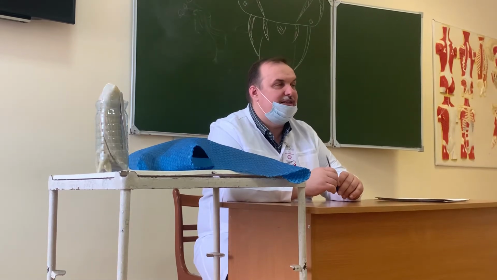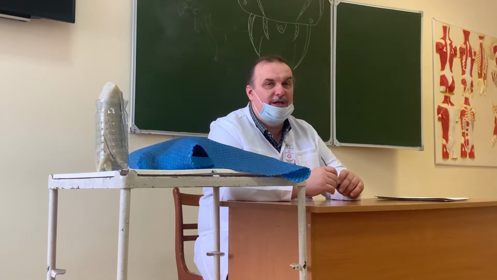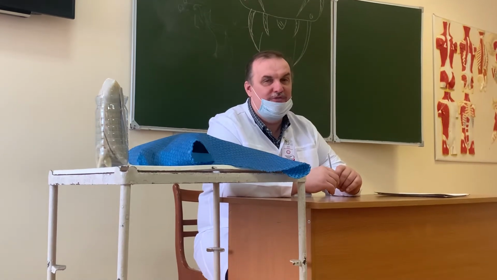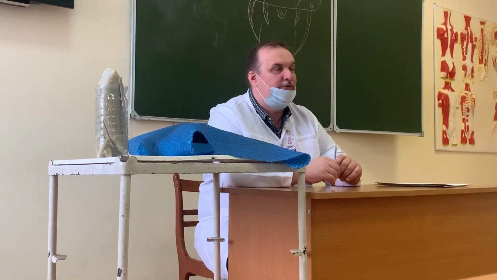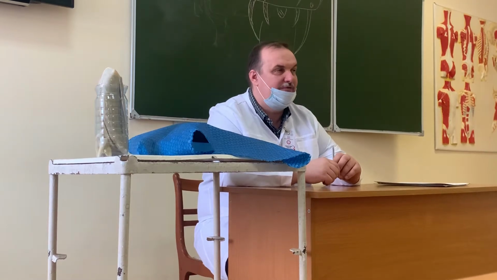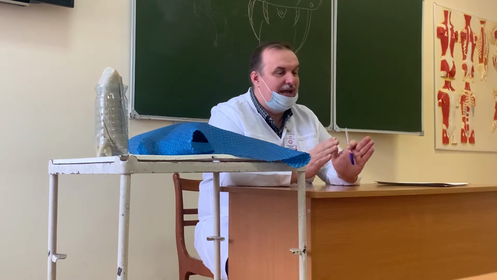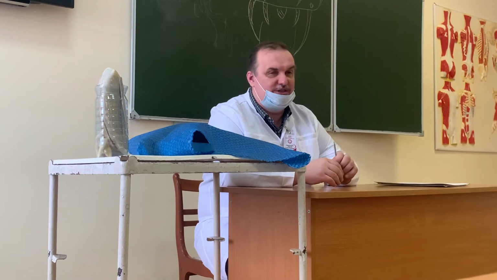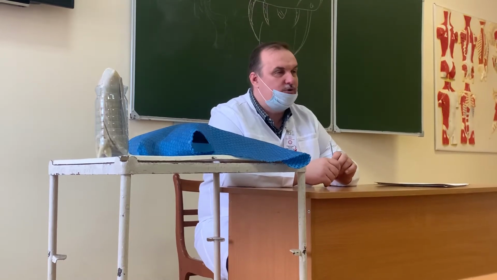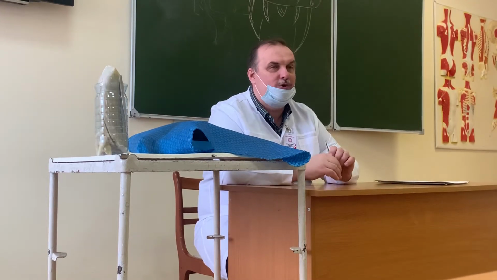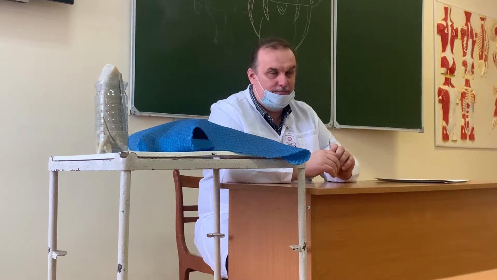Superior wall, that is the posterior free border of the soft palate, velum palatinum. Laterally, those are arches, arcus palatoglossus and arcus palatopharyngeus. And inferiorly, that is the dorsal surface of the tongue.